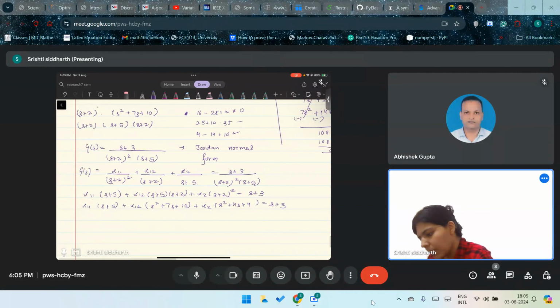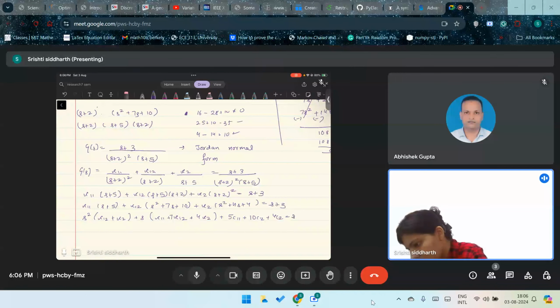Okay, so let's group the square terms together. We have c12 plus c2 for s squared, plus s times c11 plus 7 times c12 plus 4 times c2. Then we have 5 times c11 plus 10 times c12 plus 4 times c2 equals s plus 3.